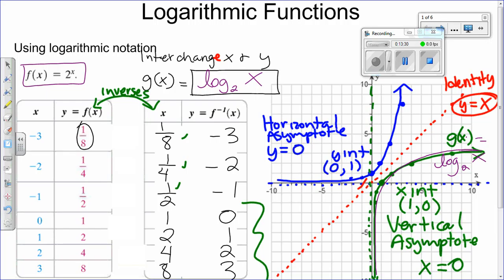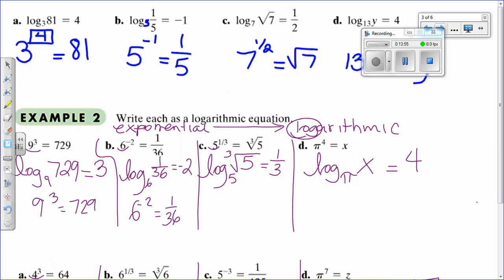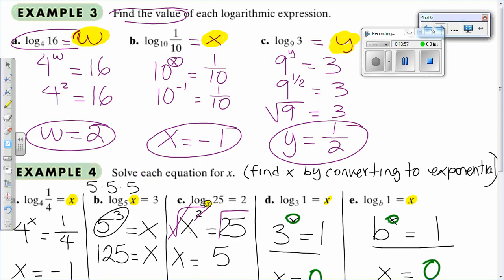So the x values, those values right here, they have to be greater than 0, and that's why the graph doesn't touch the line x equals 0. So you could take the log of any positive number as long as it's greater than 0, which is all positive numbers, right? And also the base has to be positive. So if you were to enter the log of 0, you will get an undefined answer or an error on your calculator.